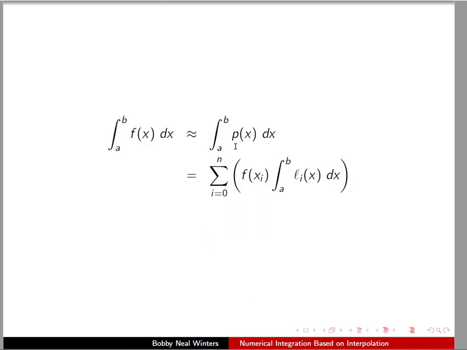The idea is that p is close to f, so that when we take the integral of f, it'll be close to the integral of p. Now, we don't know what the heck f is, but we do know that p is a polynomial, and we can integrate polynomials.